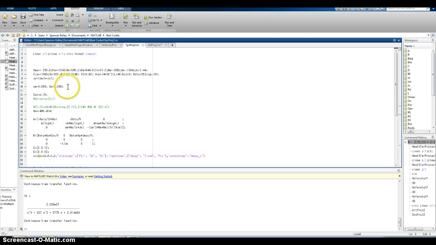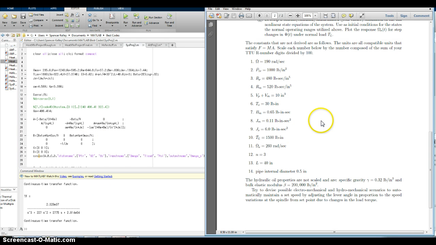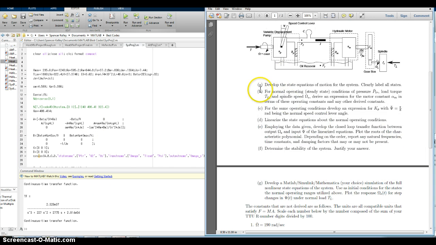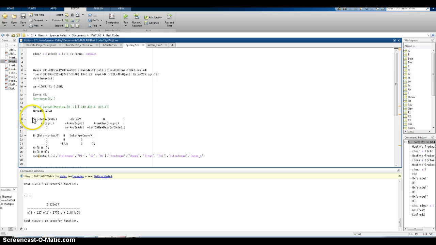I probably have 6 to 8 pages of hand calculations for this project, because that's ultimately how we had to initially do most of these steps, such as finding the Jacobians of the inputs and outputs, getting a state representation. That's actually what this A matrix is. Anybody familiar with state space representation? So this is the Jacobian of the states.